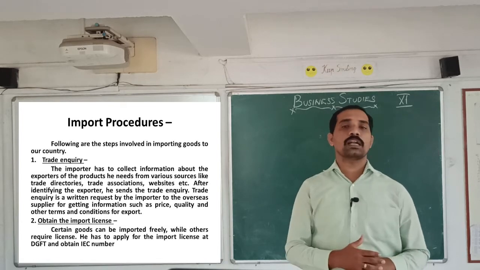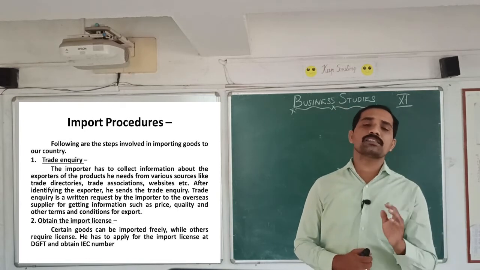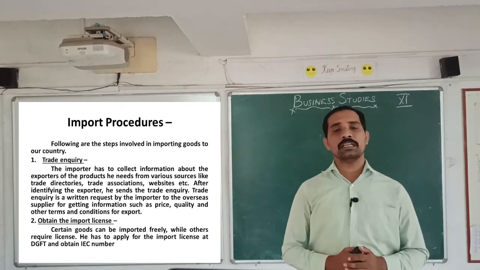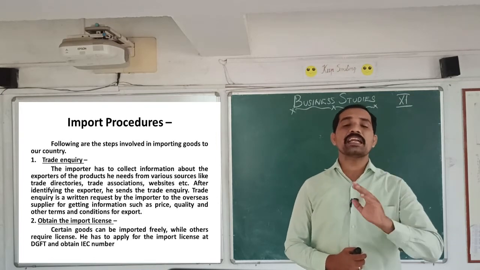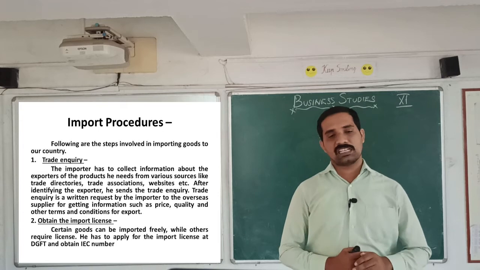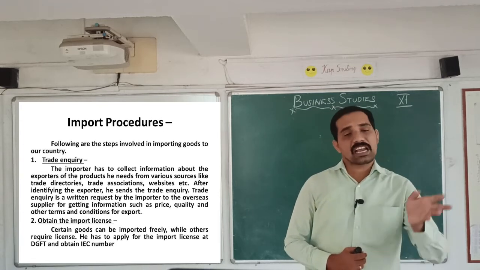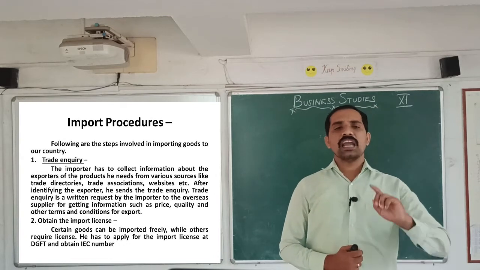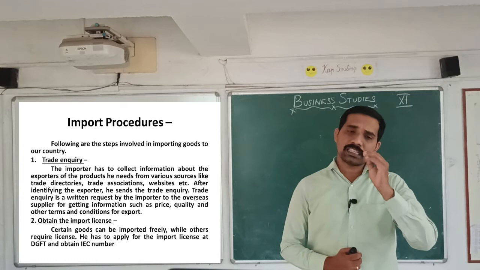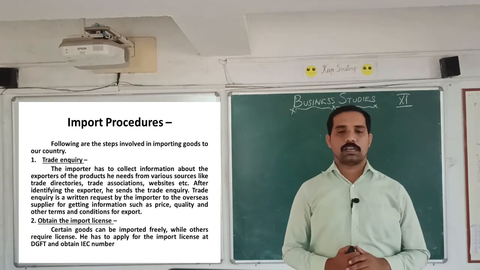The first one, trade enquiry. The importer has to collect the information about the exporter of the product he needs from various sources like trade directories, trade associations, websites, etc. After identifying the exporter, he sends the trade enquiry.